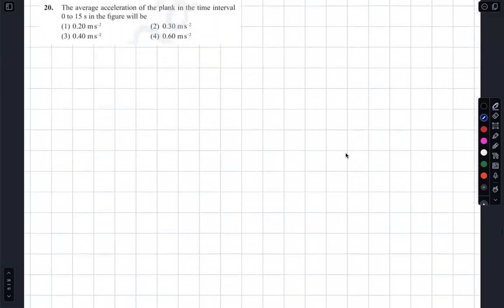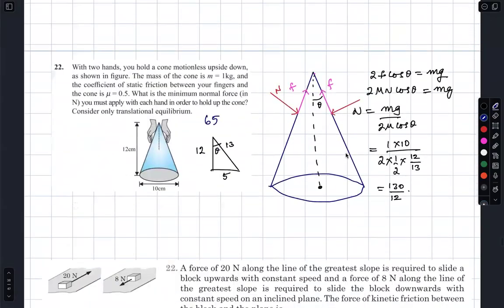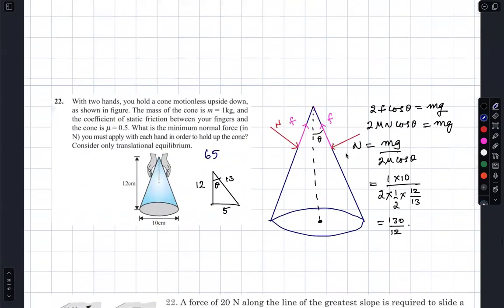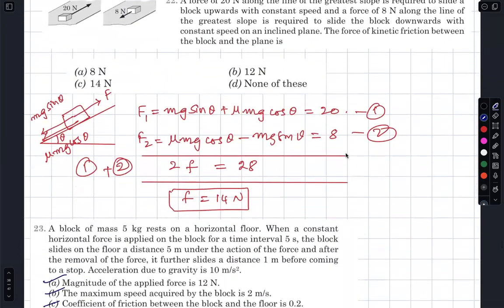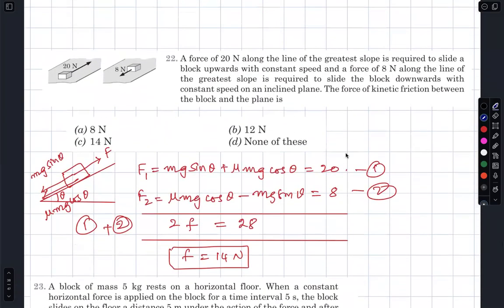This is an excellent question actually. I think I have done this. This we will do. It's a pathfinder. It's an Olympiad question. So read the question carefully. A force of 20 newtons, you can see that 20 newtons acts along the line of gravity.